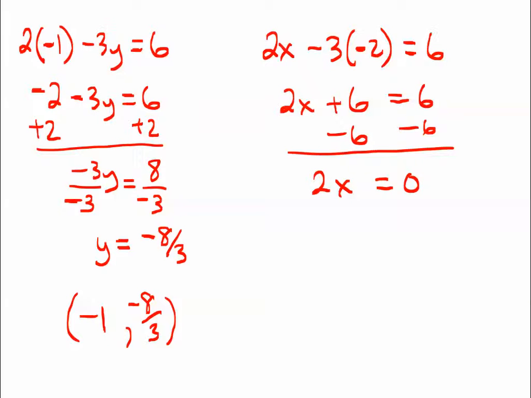And that's okay, because you still have an x that you're solving for. So divide both sides by 2. 0 divided by 2 is still a 0, so the answer is actually x equals 0. The negative 2 came in for the y, so the x is 0, and the x has to go first, so 0, comma, negative 2 is the final coordinate there.